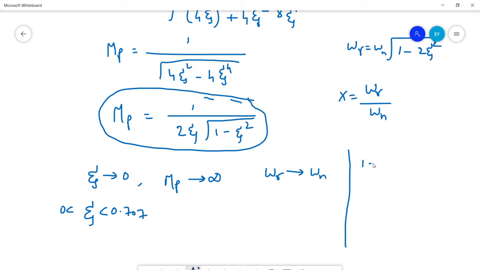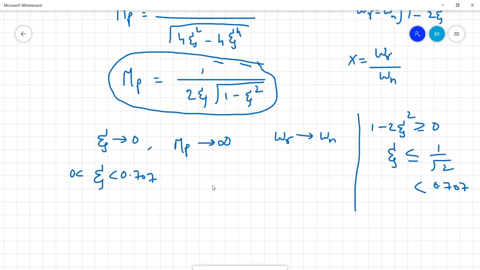Therefore, 1 minus 2 zeta square should be greater than or equal to 0. And from here, zeta is less than or equal to 1 by square root of 2. If you compute, this is nothing but 0.707. This is how we get the 0.707 as a factor of magnitude. Right? This is obtained from the resonant frequency itself.